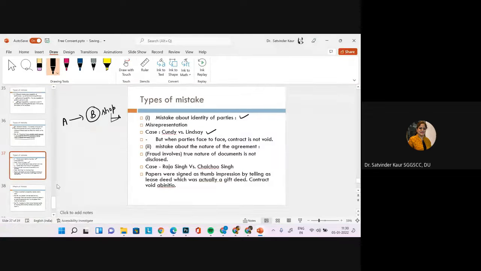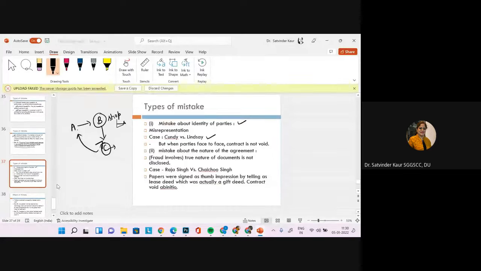And B has already sold the shop to C. So now C has delivered the order to A. A is not bound to make payment to C. A doesn't have the legal obligation because A has entered into the contract with B. He has placed the order with B and demanded the goods from B. But these goods have been supplied by C because B has already sold the shop to C. So there is a mistake with respect to the identity of the parties. In this case, A does not have any legal obligation towards C because someone else has performed.